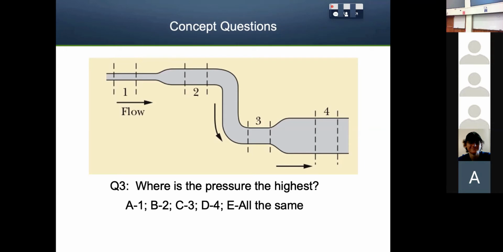So the pressure has to be highest in 4 because the velocity is the smallest. You're thinking of Bernoulli's equation probably, where P plus 1/2 rho V squared plus rho g y is a constant.